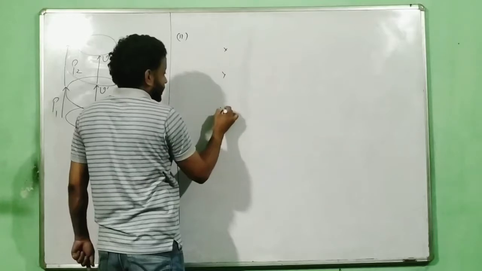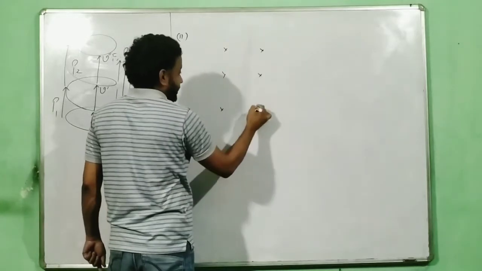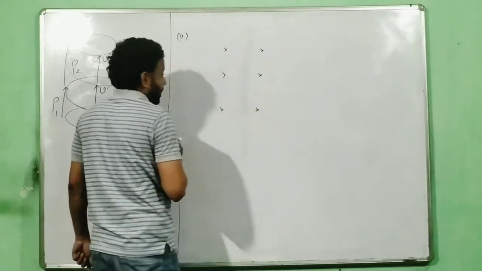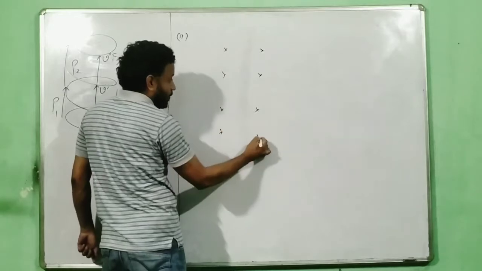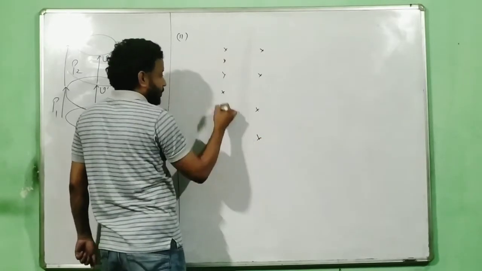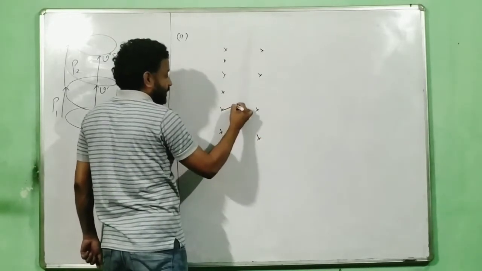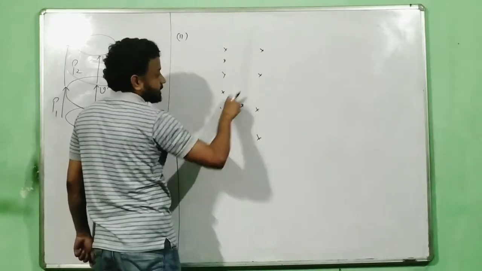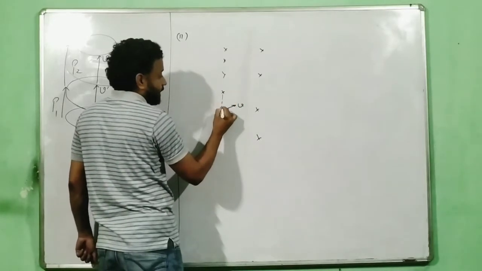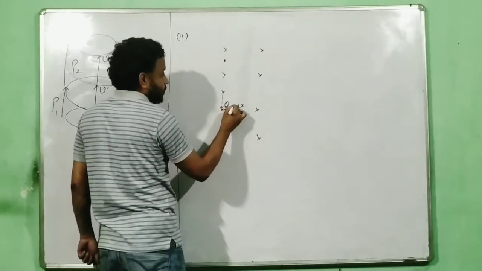In the second question, suppose this is again a magnetic field over here, and now I am providing the velocity in this direction. Earlier it was like this, now it is like this, such that it makes an angle of theta.